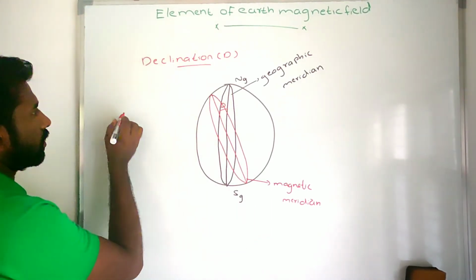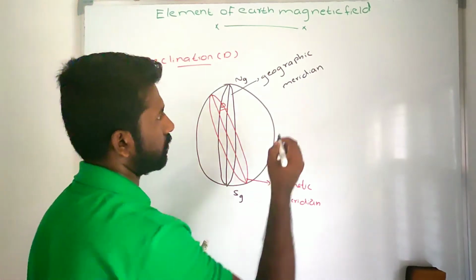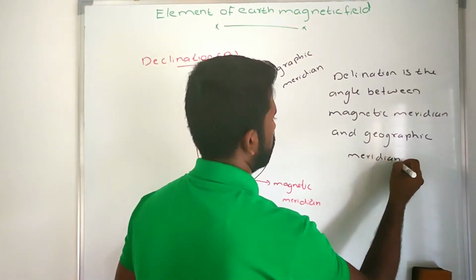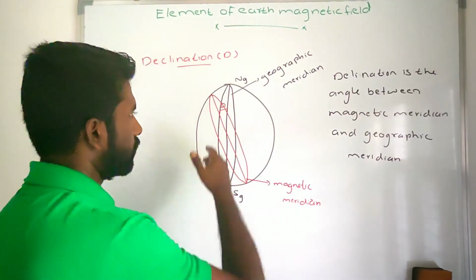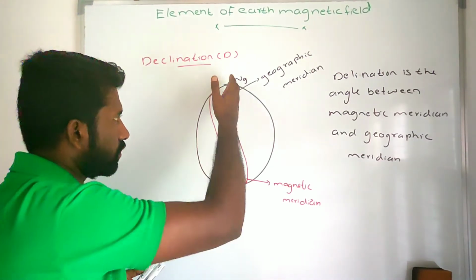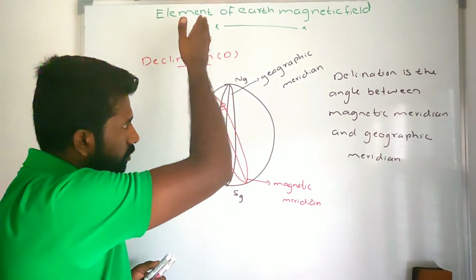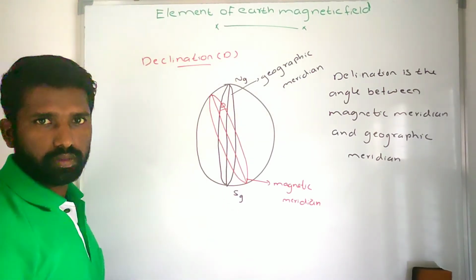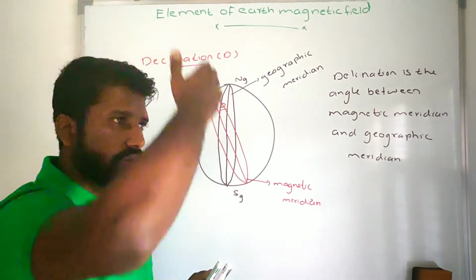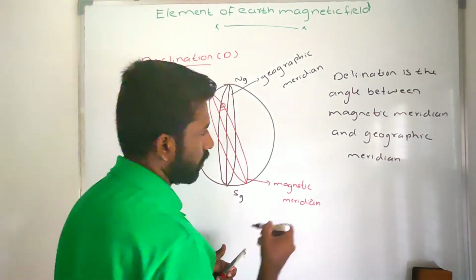So what is declination? We can write here. I will draw this diagram more clearly now. This is a geographic meridian, a vertical plane that will split the earth like this. Consider an apple cut like this. So I will draw it like this.